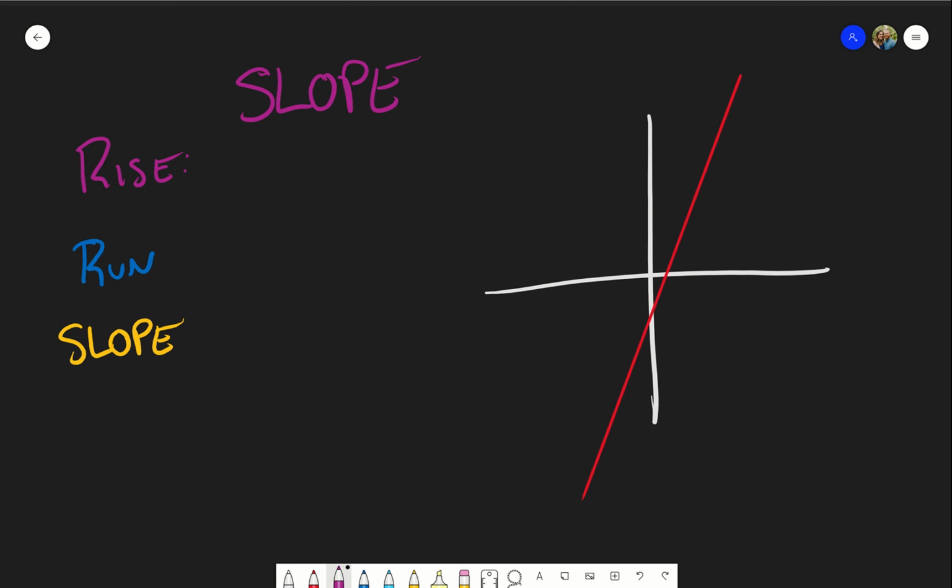So we think about the rise of a slope. This is the change in y values on a line. When I talk about the change of values, I'm talking about 2 points.